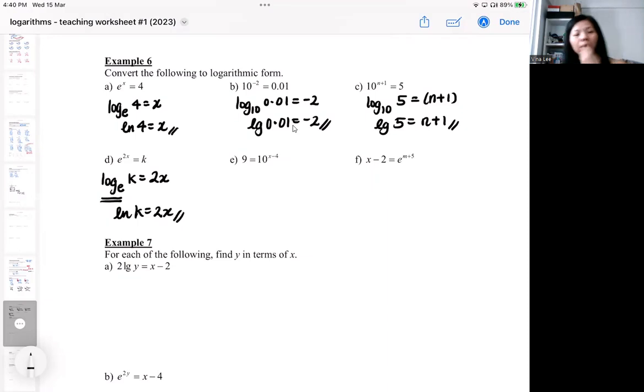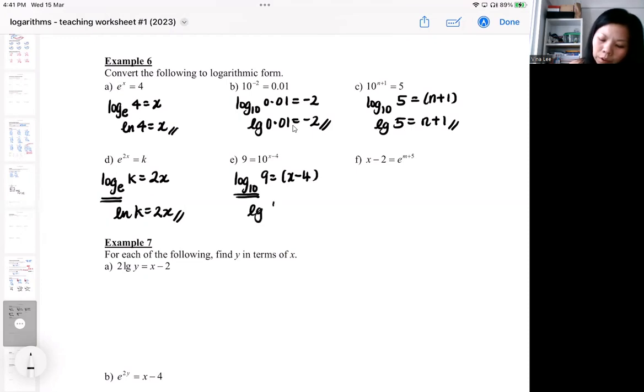Some people, because of the extra step of changing the notation, get very confused. So you go back to the foundation. In this one, the base is 10, the answer is 9, the power is x minus 4, and this is the LG.